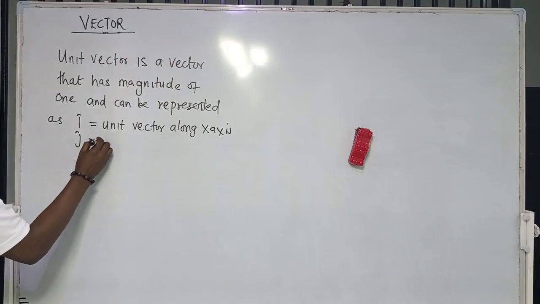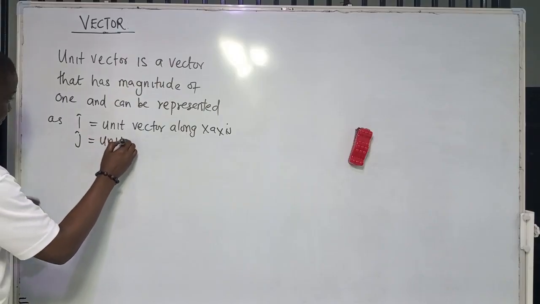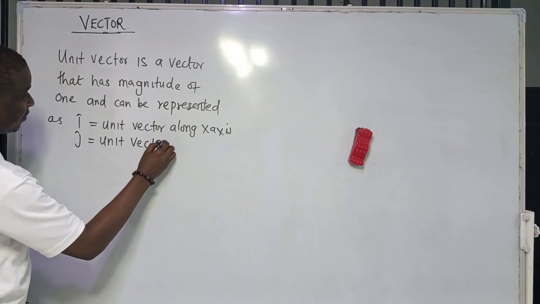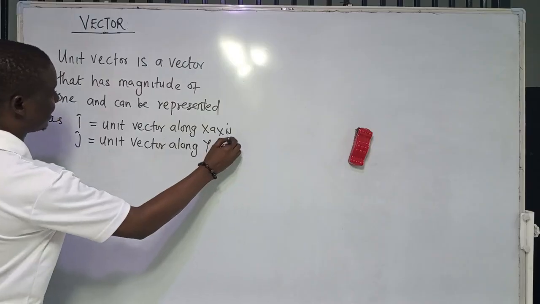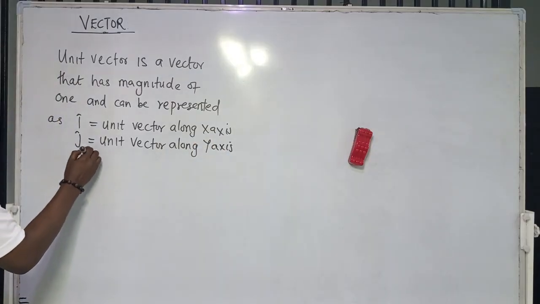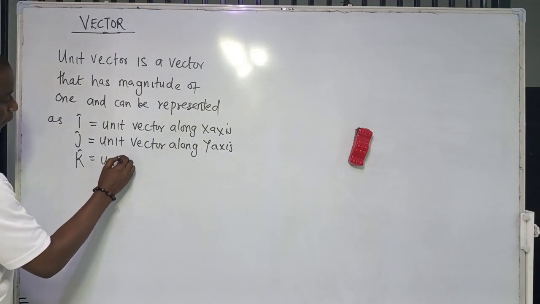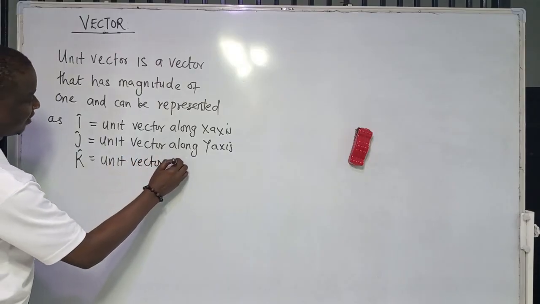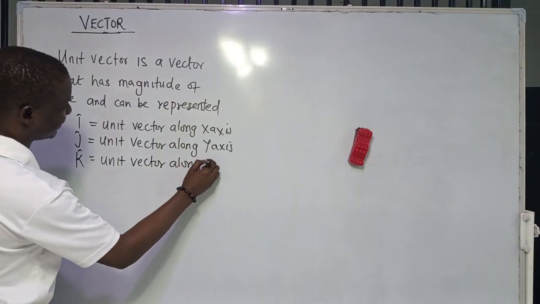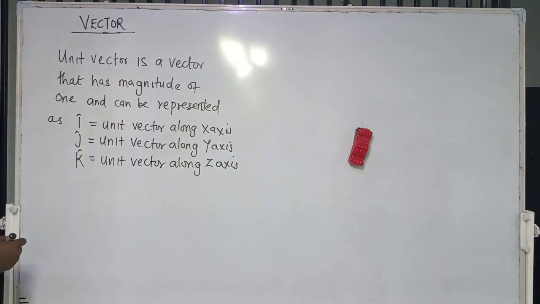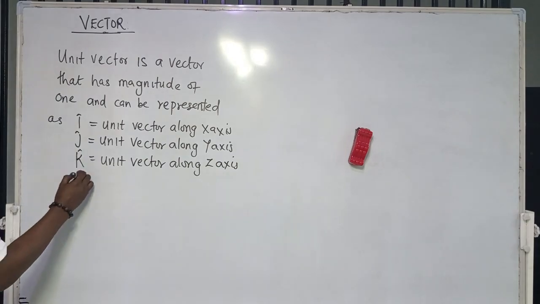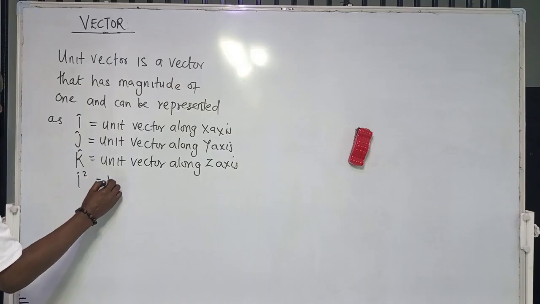J is the unit vector along the y-axis, and K is the unit vector along the z-axis. So when you take their magnitude, that means I square will give us 1.